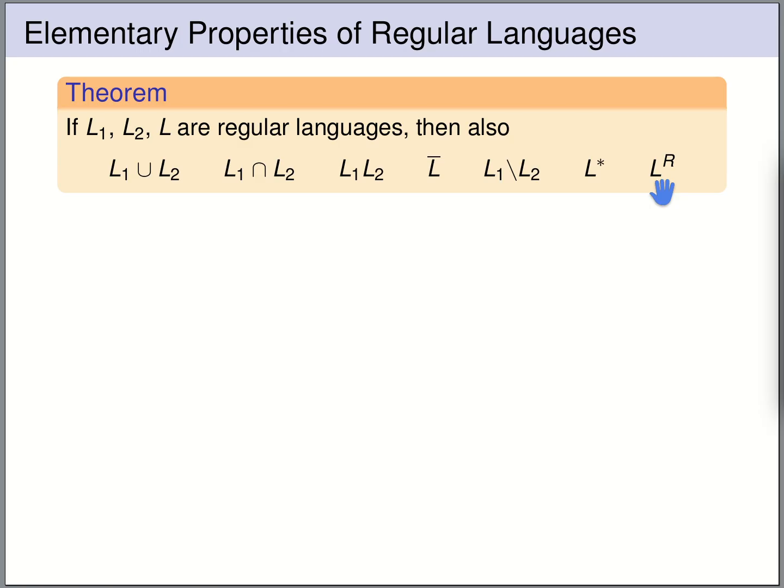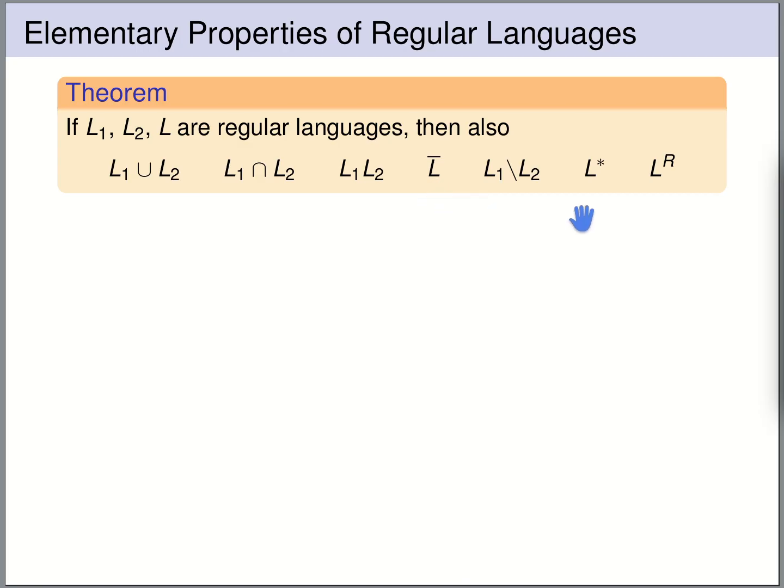For many of these properties, we've already seen proofs using finite automata. So we've used finite deterministic automata to establish that the union of regular languages is regular again, likewise for the intersection and the difference. We've also used finite deterministic automata to show that the complement of a regular language is regular again.